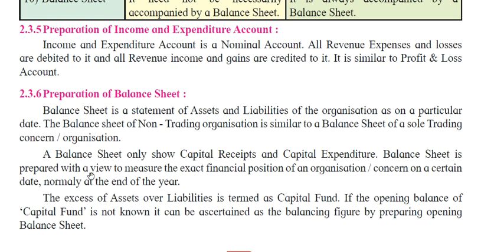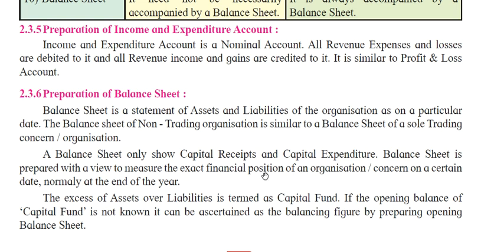A balance sheet is prepared with a view to measure the exact financial position of an organization on a certain date, normally at the end of the year. So in final accounts we prepare a balance sheet to see how the business is running, and what expenses and losses are going on in the business. For coming to know that, we prepare a balance sheet.